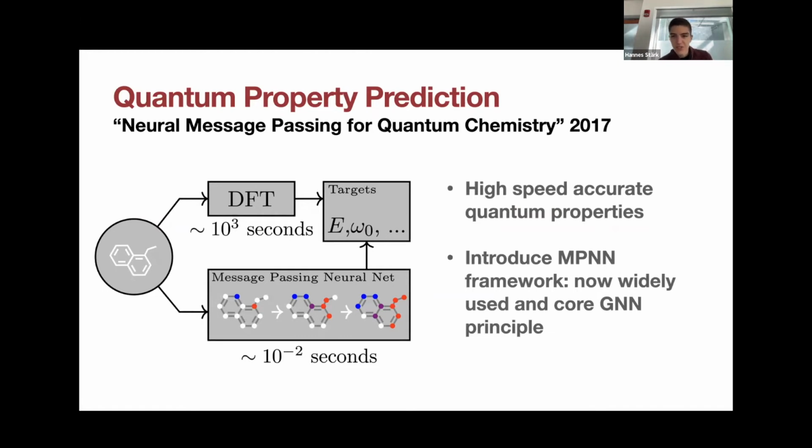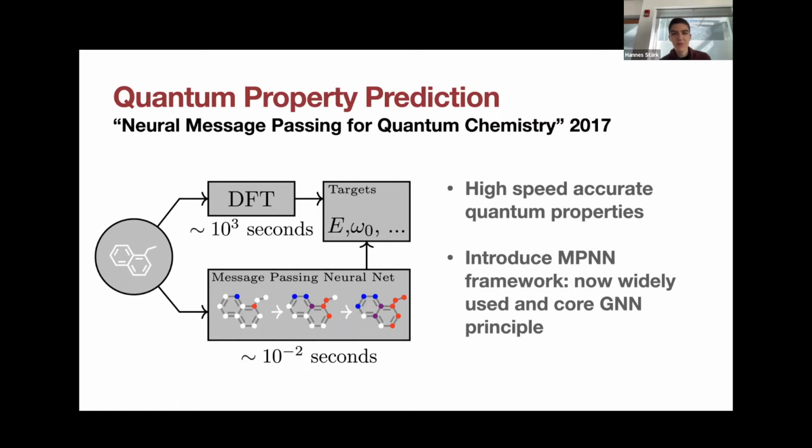They introduced the message passing neural networks framework, and this is now something that's all over the GNN literature. So they really brought forward the field of geometric machine learning and graph machine learning in general.